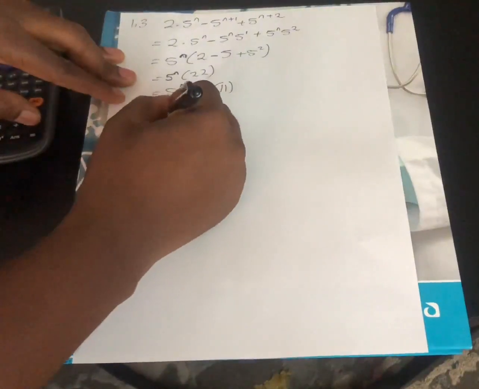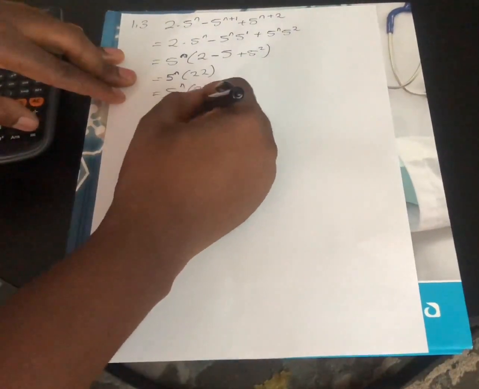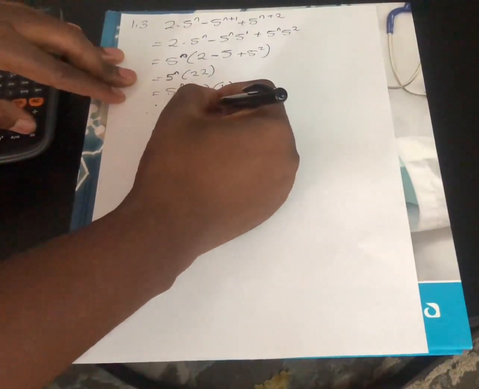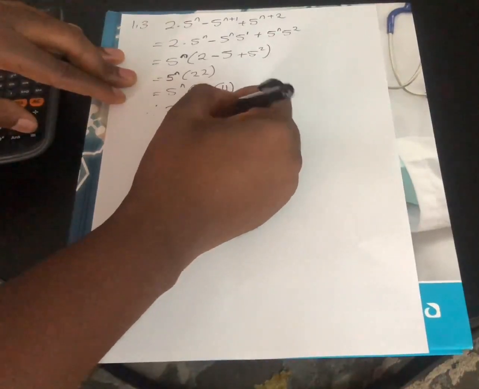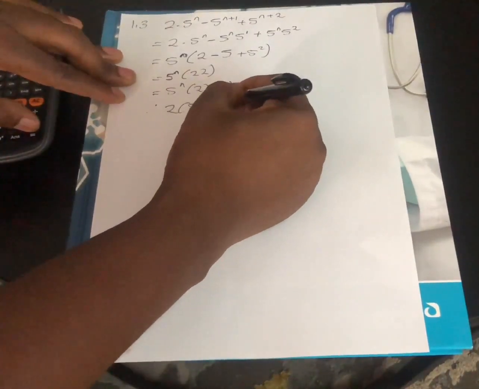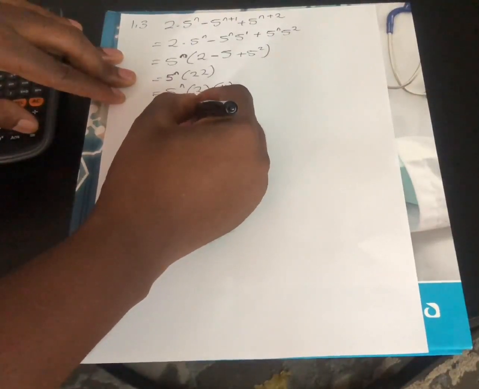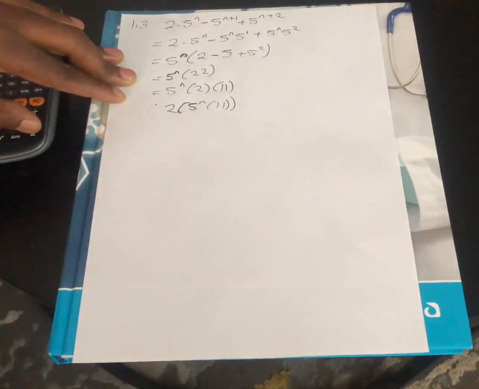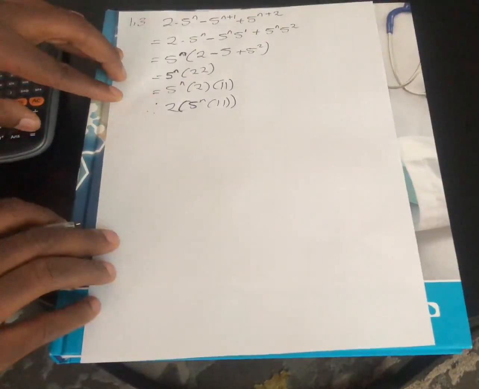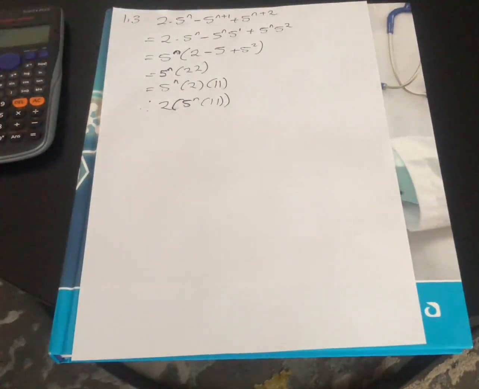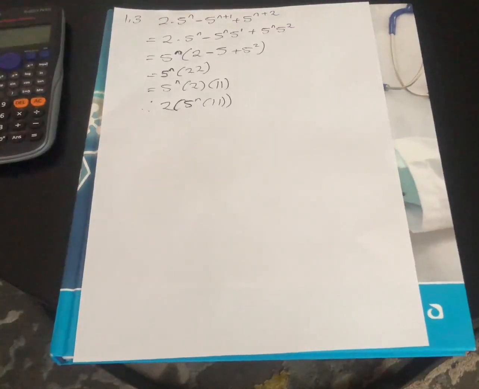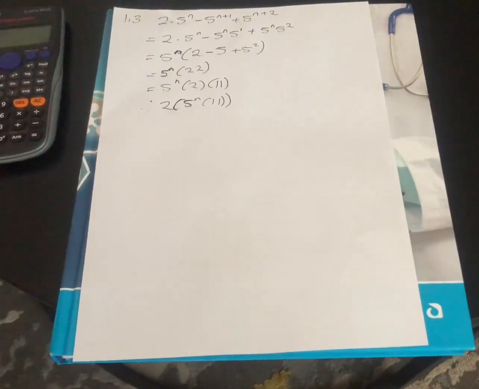Therefore, it can be 5 to the power n multiplied by 2 multiplied by 11. You can have something like this as your final solution. And don't forget, you can just write that any integer multiplied by an even number will be an even number.